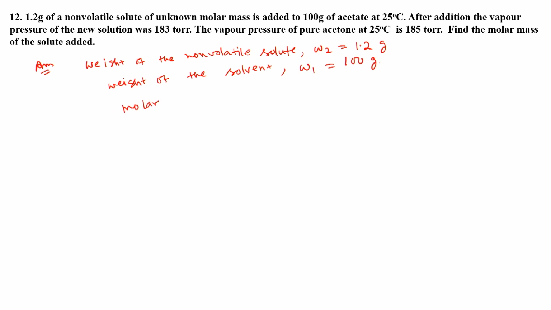The molar mass of the solute we need to calculate, so let us say this is M2. The molar mass of the solvent, M1, is 58 gram per mole, since the solvent is acetone.